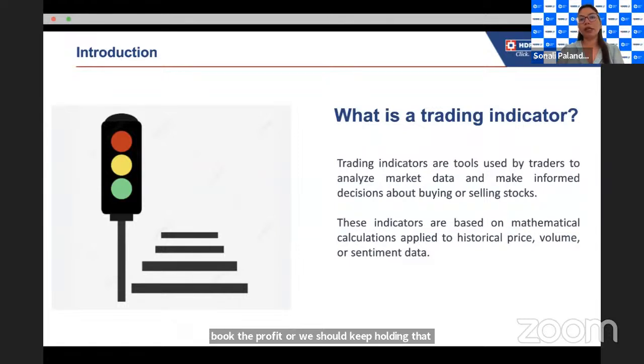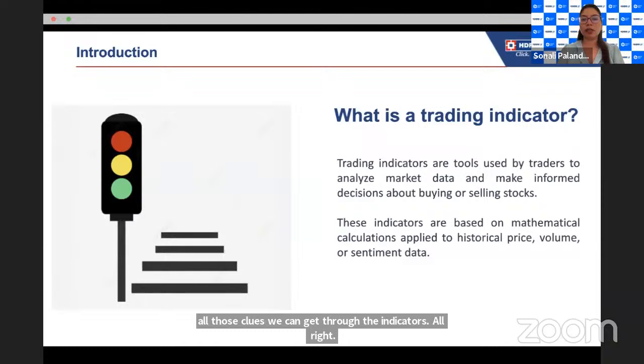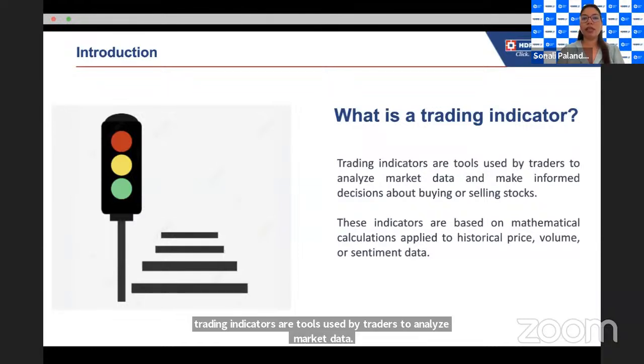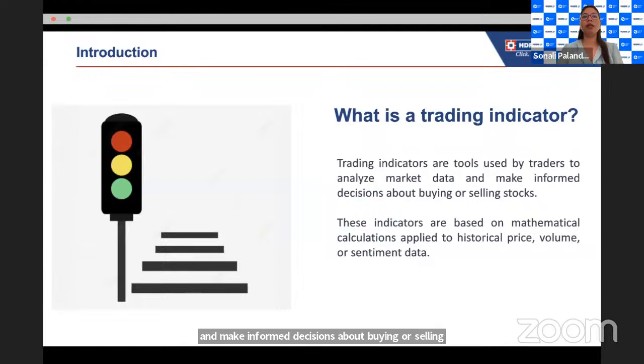All those clues we can get through the indicators. Trading indicators are tools used by traders to analyze market data and make informed decisions about buying or selling stocks. Whatever decisions traders are going to take, the indicators are going to give the logic.